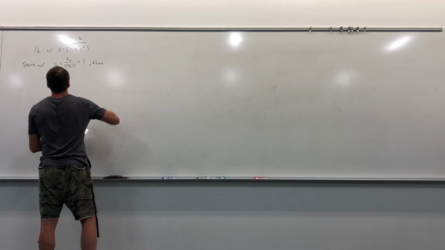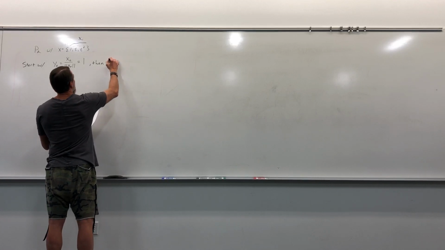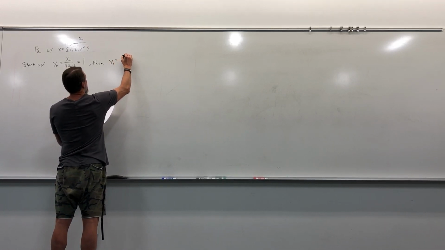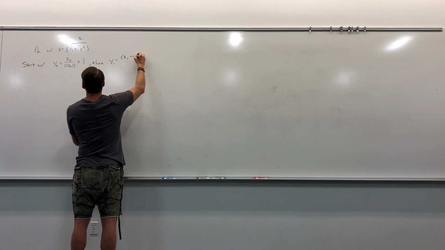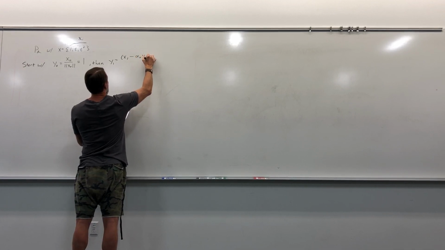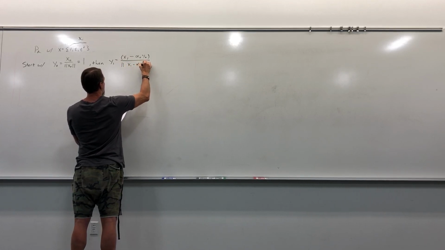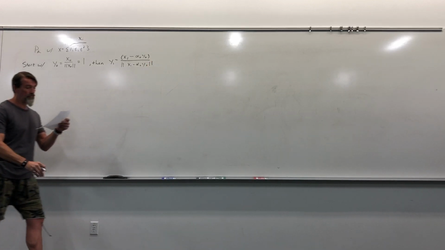Now the work begins when we want to find a second basis vector. So then we can say, all right, well, y1 is going to be x1 minus alpha naught y naught, over the magnitude of x1 minus alpha naught y naught. Okay?